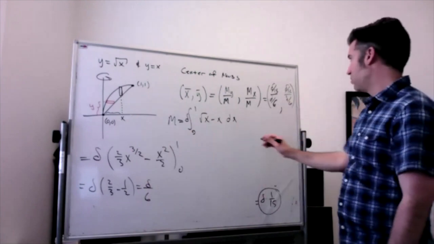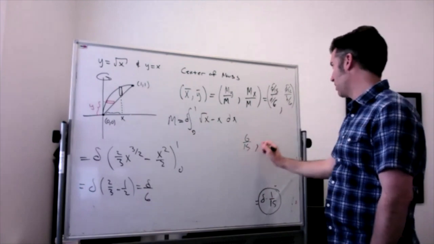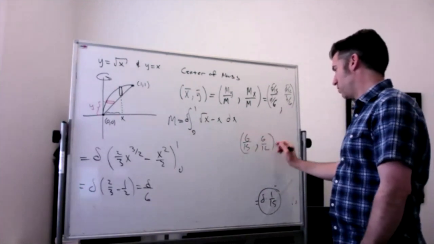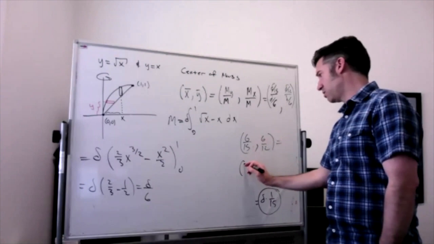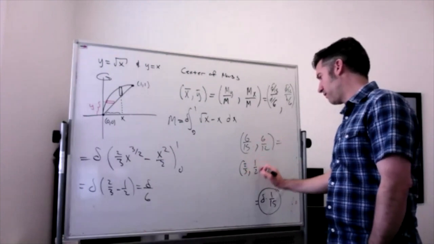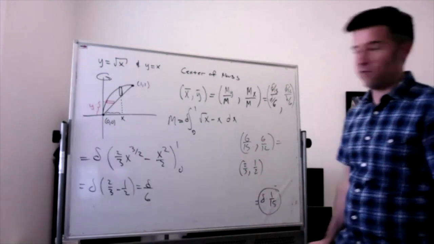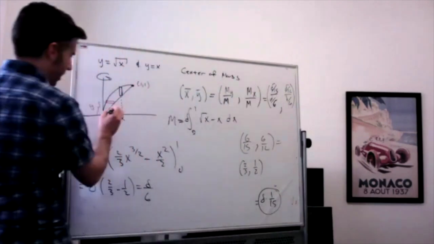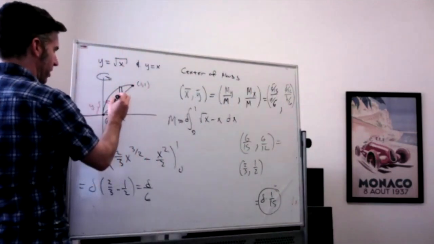Simplifying that, we get 6 over 15 comma 6 over 12, which reduces to 2/5 comma 1/2. So the center of mass is not quite halfway over, but exactly halfway up, which is kind of interesting.